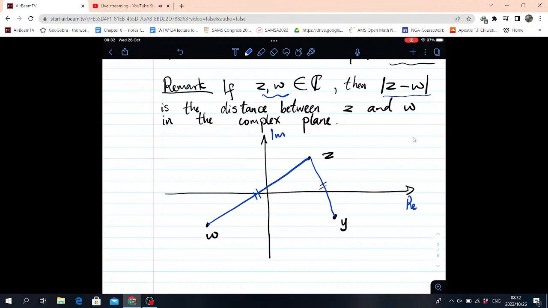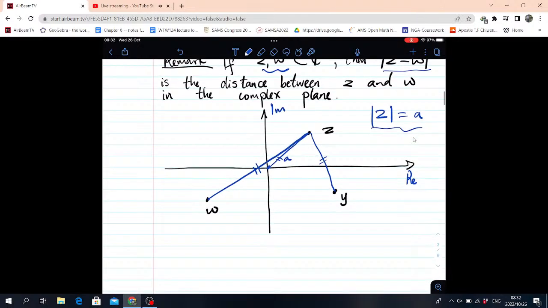And then when we say the modulus of z is equal to a, what we are saying is the distance from the complex number 0 up until there is equal to a. In other words, the modulus of z minus (0 plus 0i) is equal to a. That's what we mean when we say this.